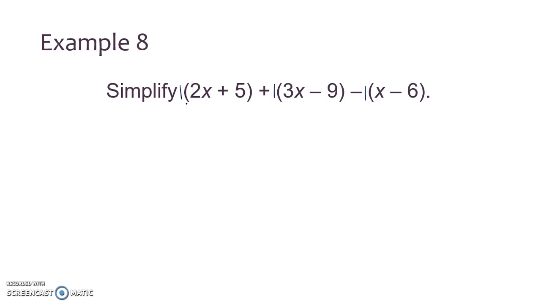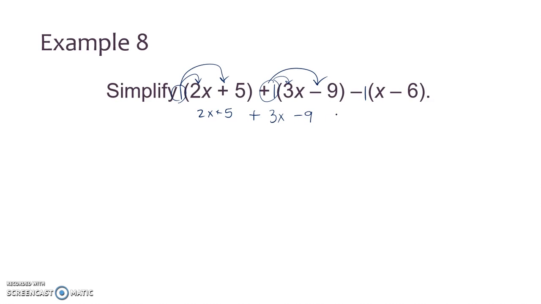So when we distribute, we're going to have to take 1 times 2x and then times our positive 5. So we'll have 2x plus 5 without the parentheses, plus our positive 1 times 3x is 3x. And then we have a positive 1 times a negative 9, which is going to give us a negative 9 now.